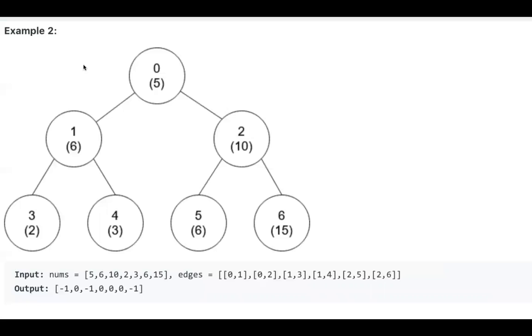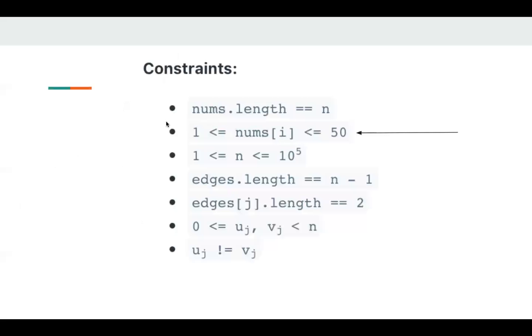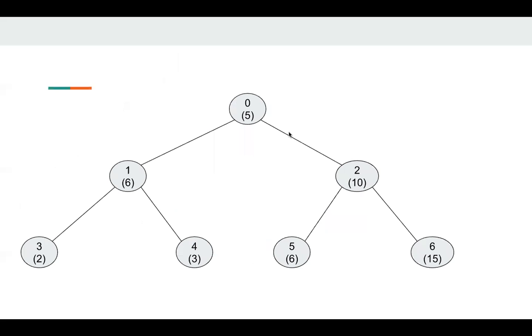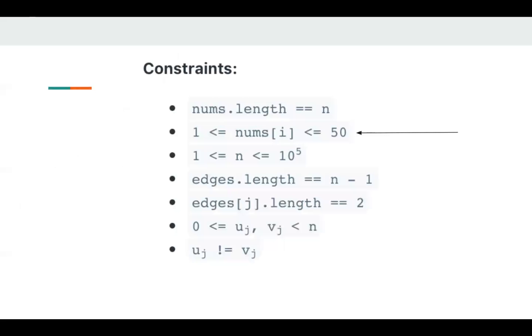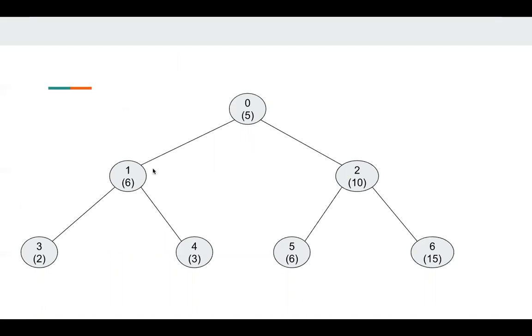Let's take a look at the constraint. That's a very important constraint. For nums[i], there are only 50 possible values. So keep in mind, it will be very useful later. Okay, so let's take a look at how to utilize that constraint. For each node, we can maintain an ancestor list.